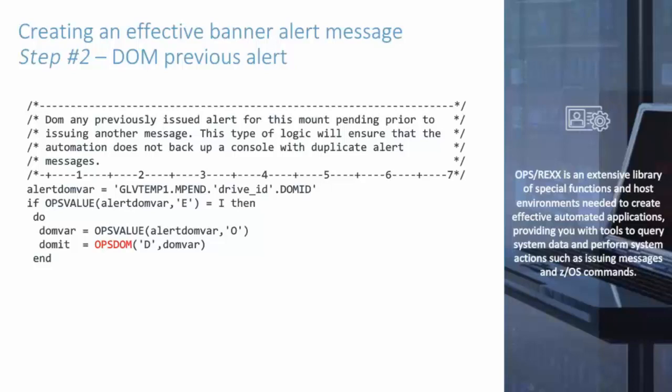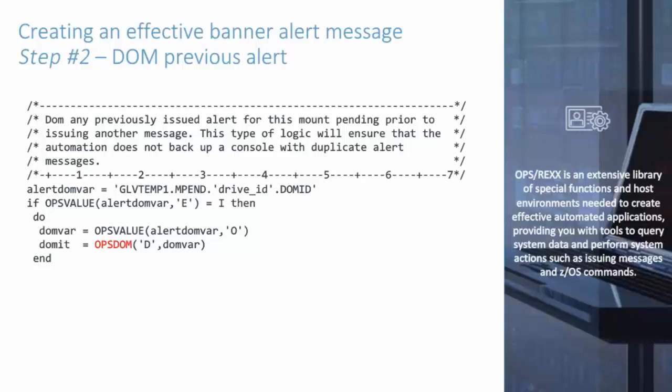The name of this variable will vary from the type of alert that is being generated. In this case, the drive ID is being constructed within the variable name to create uniqueness for each tape mount alert. If the variable exists as checked with the OPS VALUE function, then a previous alert was generated by this automation, and then the OPS DOM function is used to instruct the system to DOM or low light that previous message.